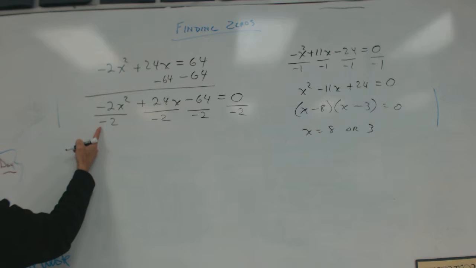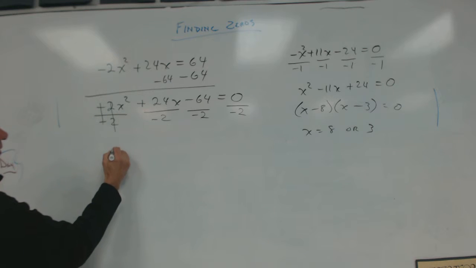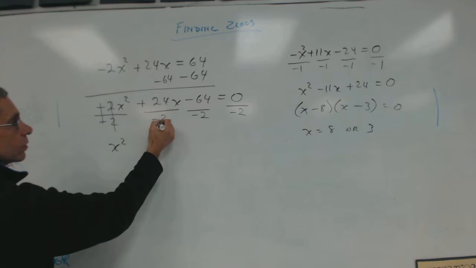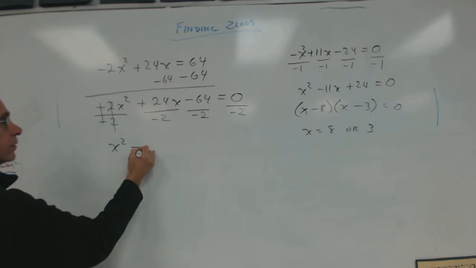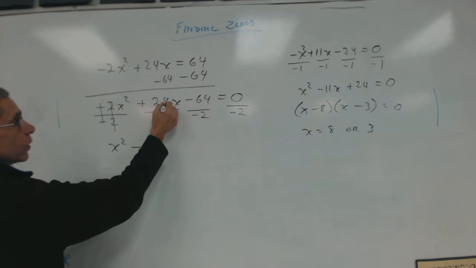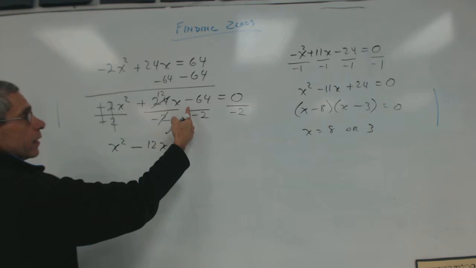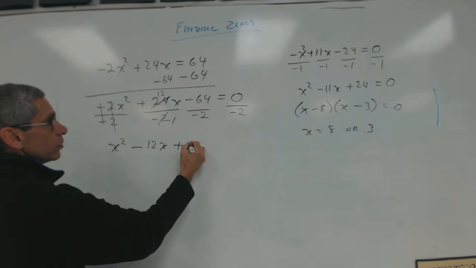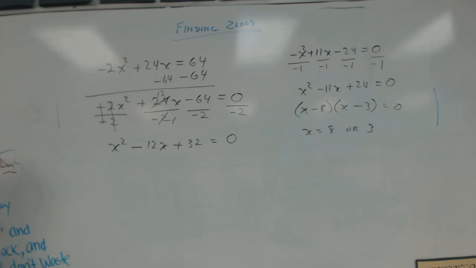Negative divided by negative is positive, so I just have x squared. Plus divided by minus becomes minus, and 2 goes into 24 12 times, so I have 12x. Minus divided by minus is plus, and 64 divided by 2 is 32, equals 0.